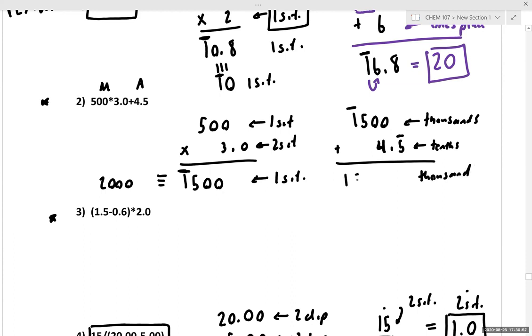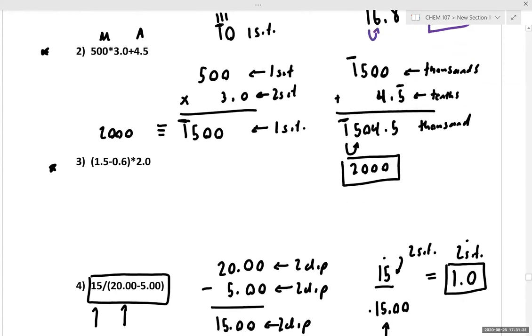So when we get 1,504.5, we're going to round this number to the thousands place, which would give us 2,000. Remember, you need the placeholder zeros to signify that 2,000 is a large number. These placeholder zeros are not significant, but they have a significant role in determining whether your number is large or small. So don't forget your placeholder zeros.